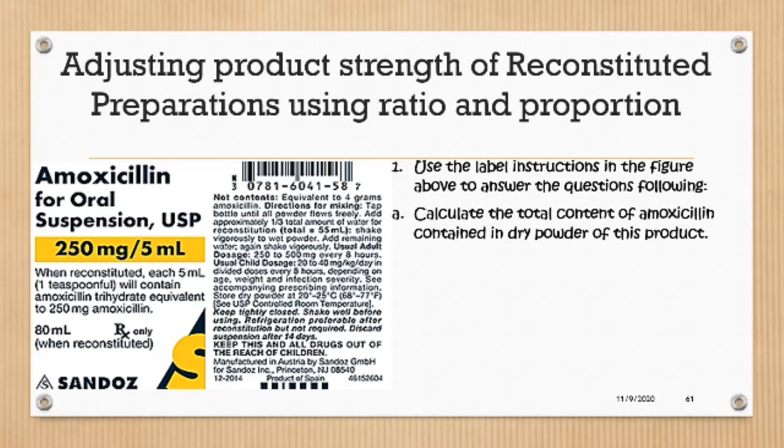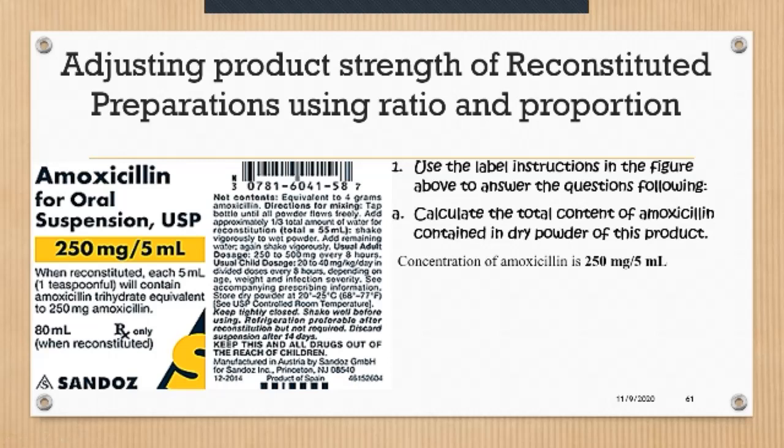So here they're asking you to calculate the total content in the powder. Now you are to use the information that's on the label. So we have to use the concentration. And where do we find the concentration? Right here, 250 milligrams per 5 mils. What else do we need?